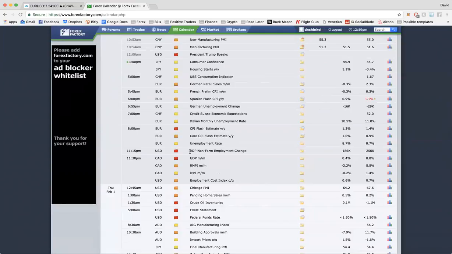If we see the ADP non-farm employment change very low, we tend to see a low report on NFP as well. If we see ADP non-farm employment change high, then we tend to see NFP very high. Now, that is not always the case. Sometimes we'll see ADP non-farm employment change low, and we'll see the regular non-farm payrolls high, and vice versa. So just keep that as a general statement, but something to keep in mind.